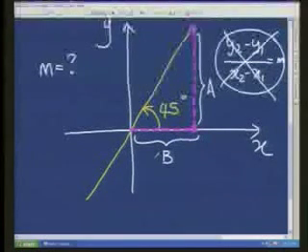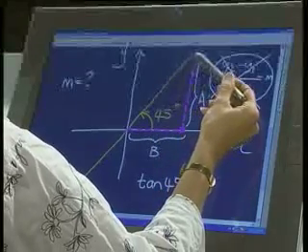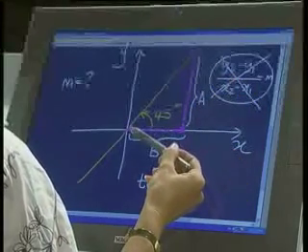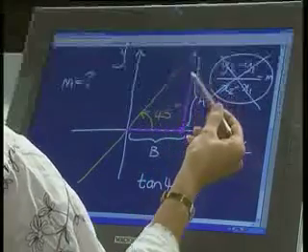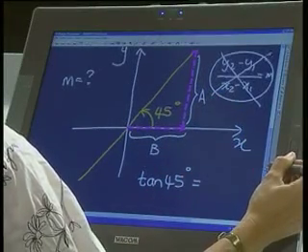then how would you define the tan of 45? m_AB is equal to tan 45. No. Can you see this triangle over here? What would the definition be of tan 45 inside that triangle? Do you know what the definition for tan is?